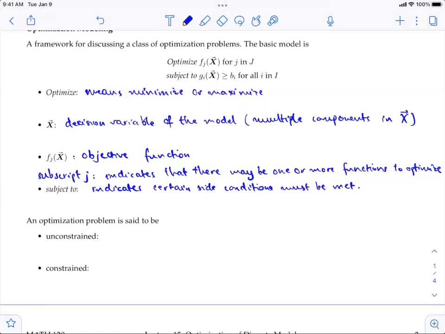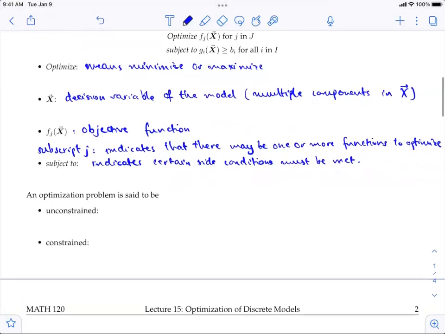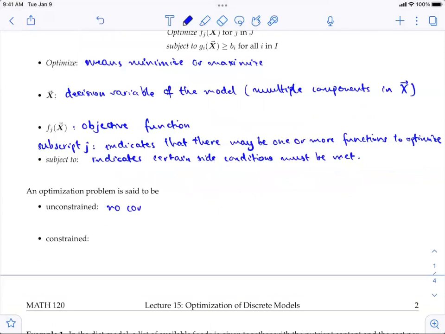Unconstrained means there's no constraint or no side conditions. And a constrained optimization problem is one where one or more side conditions are present.